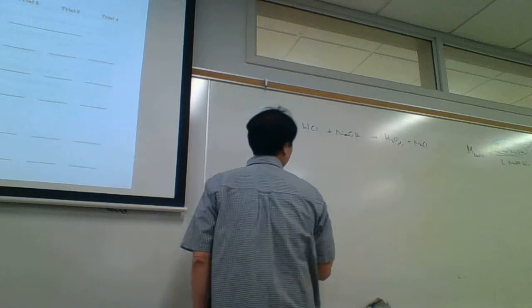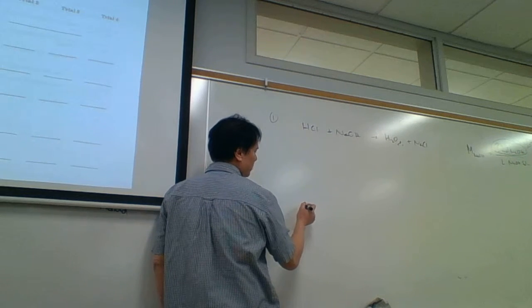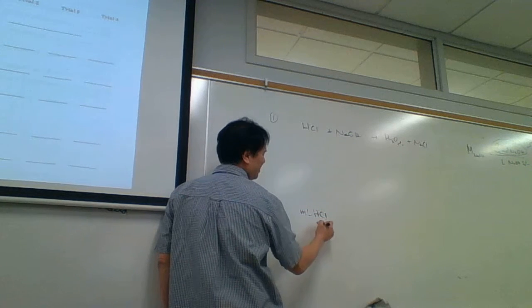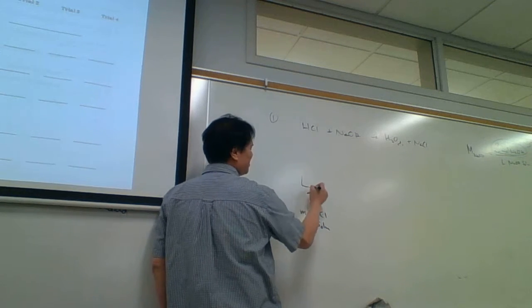So the molarity, half of this is going to come from stoichiometry. And so we'll get the moles from stoichiometry. That is, when we have molarity, it makes stoichiometry a lot easier. And so all we're going to do is go from milliliters of HCl solution to liters of HCl solution.